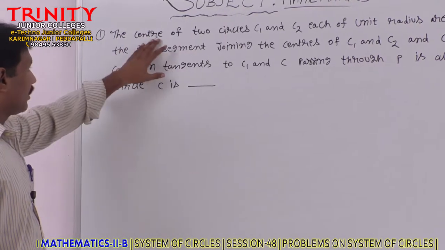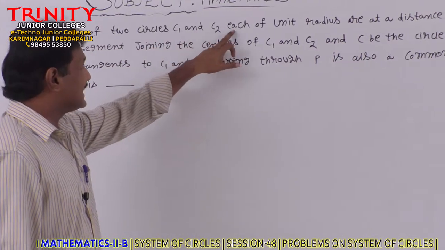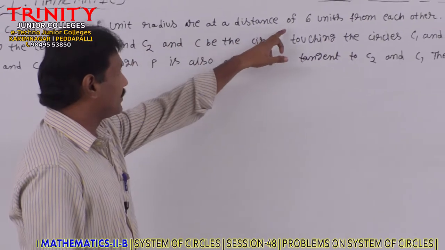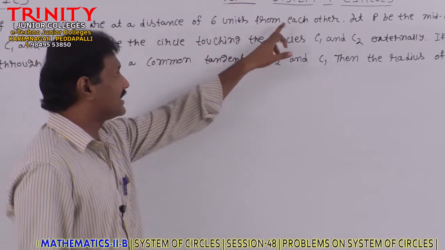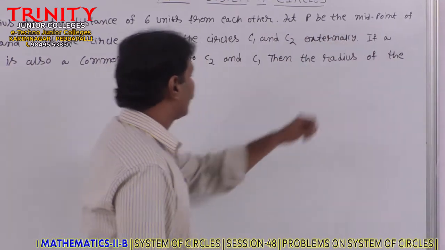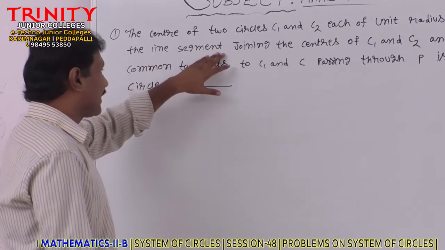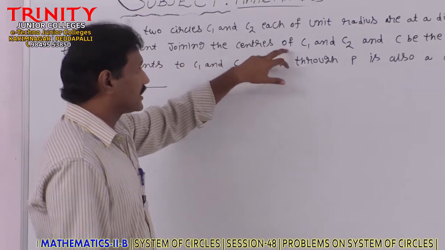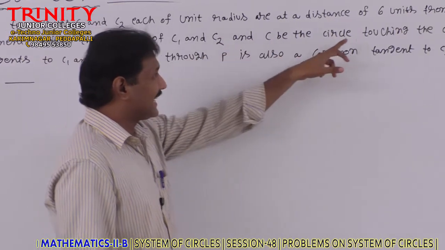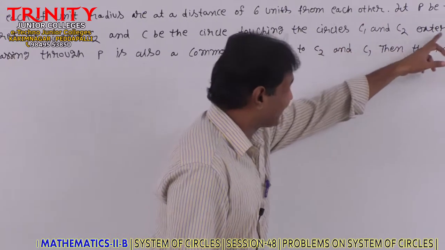The centers of two circles C1 and C2, each of unit radius, are at a distance of 6 units from each other. Let P be the midpoint of the line segment joining the centers of C1 and C2, and C be the circle touching the circles C1 and C2 externally.